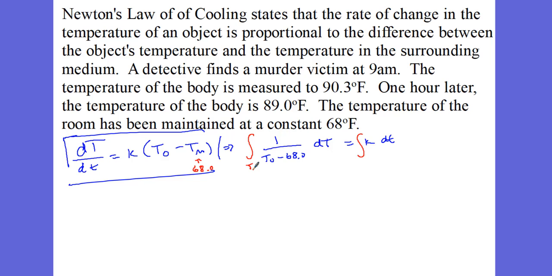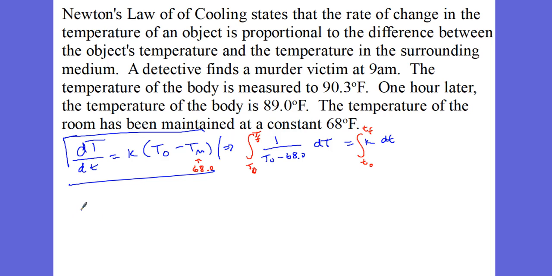I'm going to call my temperature initial temperature and temperature at some value T, or let's call it final temperature. And my time, T naught, initial time, and time at some final time. And so let's do our integration here.